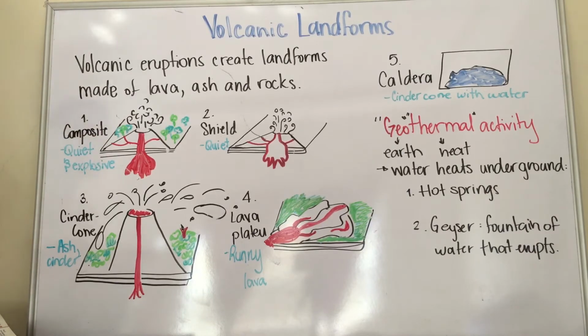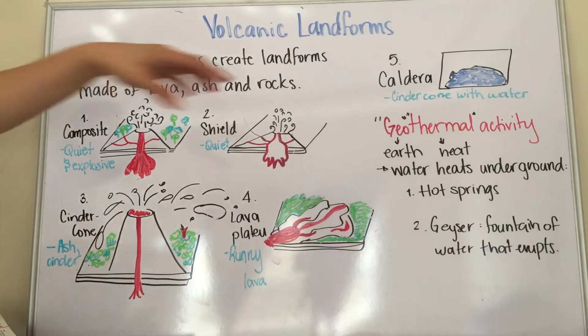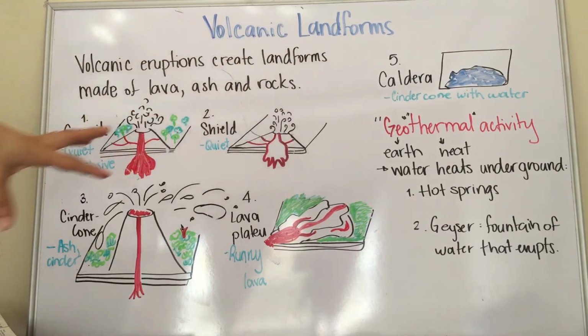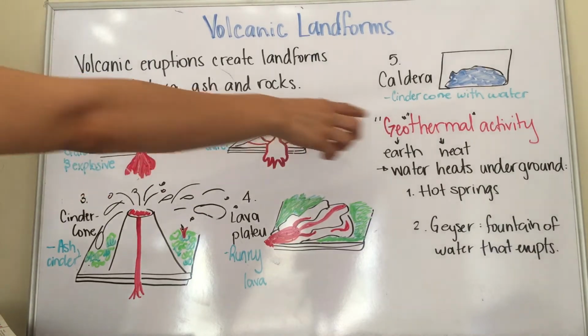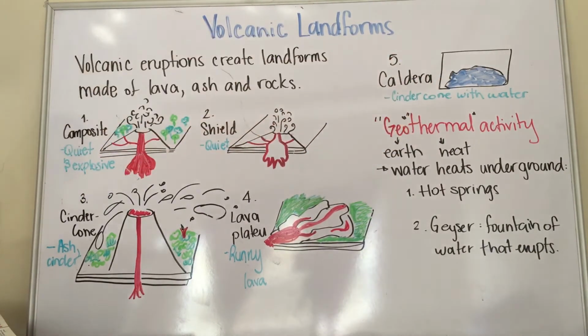Everything is destroyed, and you're left with a lake. That's a caldera. There used to be a volcano, it exploded massively hard, and then you're left with a lake. That's why you see the water on the inside. So it's a small cone shape filled with water. Those are the volcanic landforms.